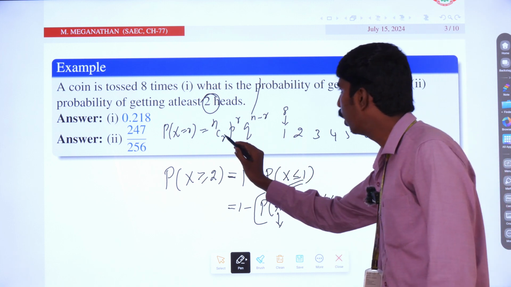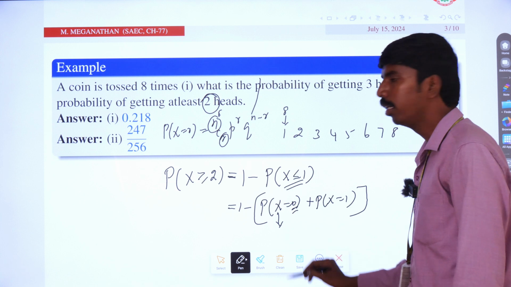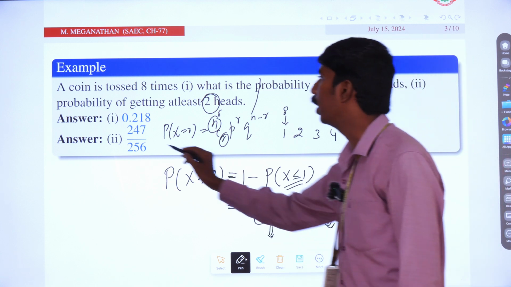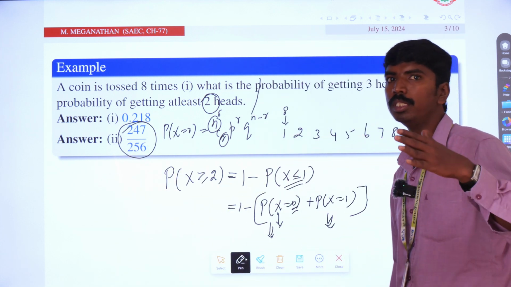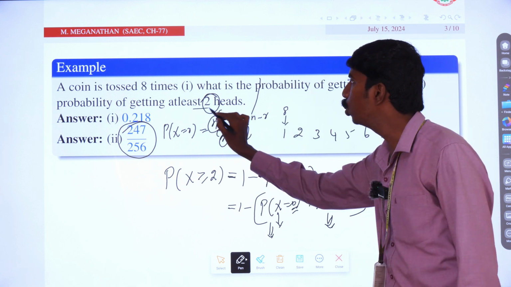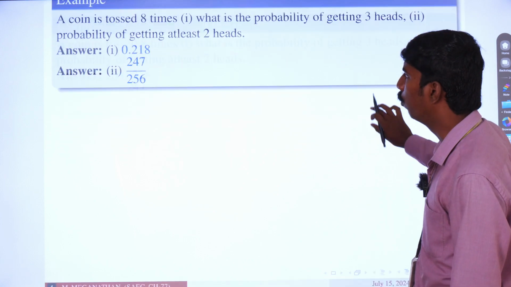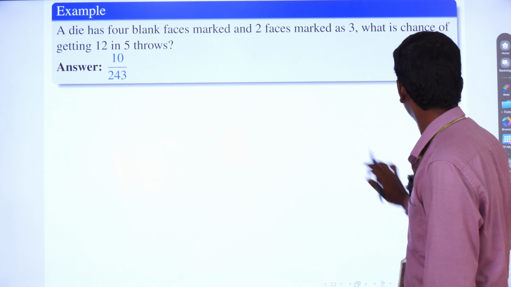Using this formula, instead of n you have 8 already, so instead of r you can use 0, then substitute both the values, and you will get an answer of 247 divided by 256. So this is a basic problem with exactly 3 8s or at least 2 8s, these are the two cases. Now let us go in depth into another problem which we are going to discuss.